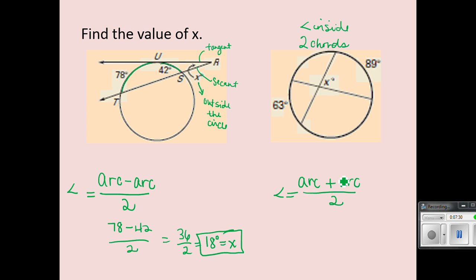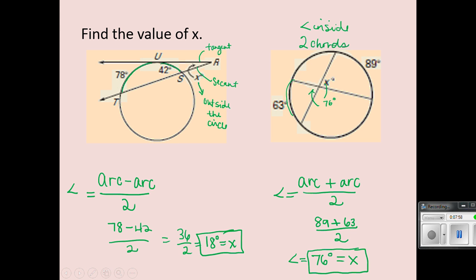So arc 1, 89, plus 63, which is arc 2, divide that by 2, I get 76 degrees. So that angle is 76 degrees, which is x. Now if this is 76 degrees, then so is this one right here, because those are called vertical angles.